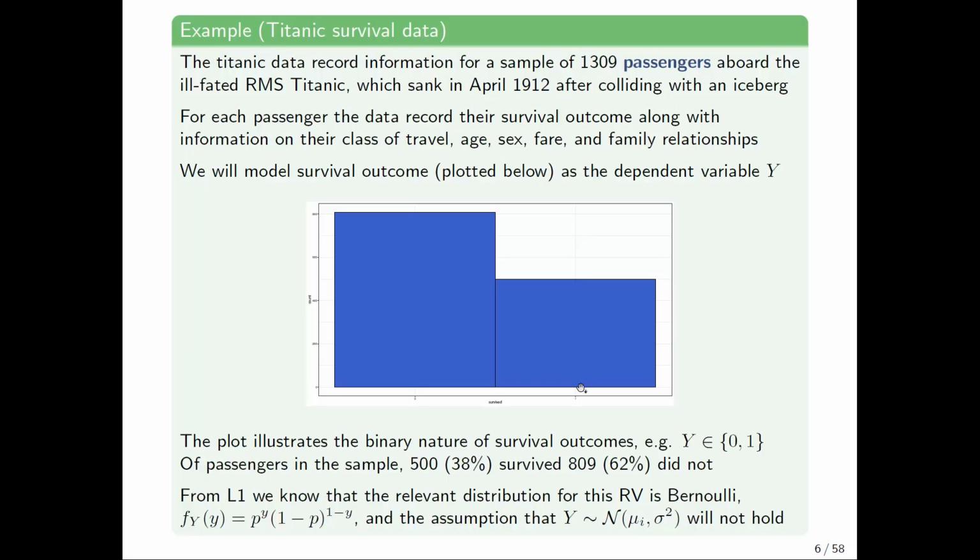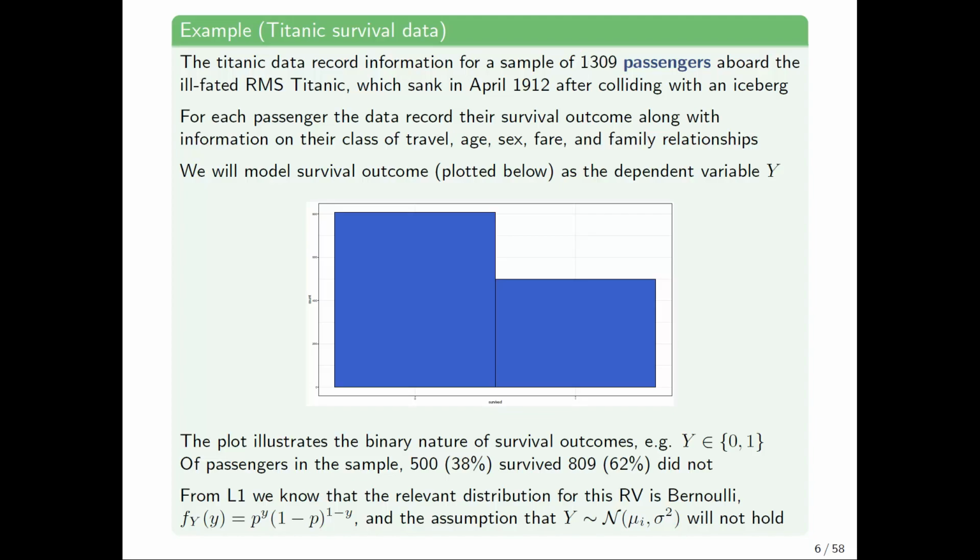So I'm going to try and demonstrate the concept of a GLM using two examples that we'll use throughout the lecture. The first is taking data from the Titanic. The Titanic, as you know hopefully, was a passenger ship that sank in April 1912 after colliding with an iceberg. And the data that we have available record information for a sample of just over 1,300 passengers, and for each passenger we know their survival outcome.